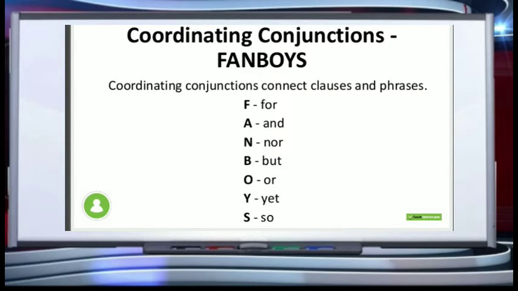F for for, A and, N nor, B but, O or, Y yet, and S for so. So this is the list of the coordinating conjunctions which can very easily be remembered with the keyword FANBOYS.